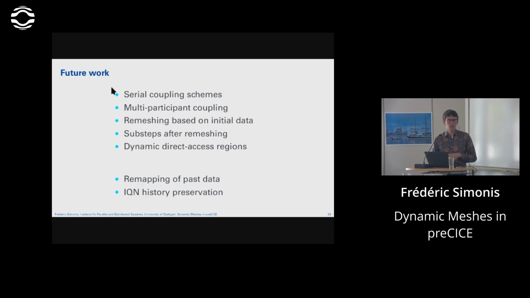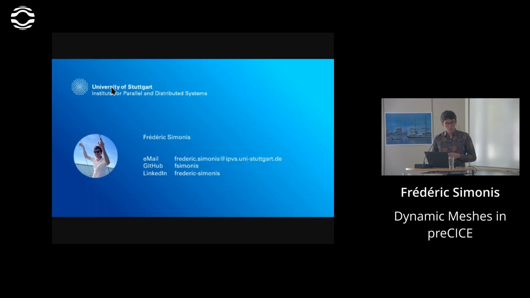So that's a bit tricky. And then another big one is how do you preserve the IQN history? Mapping from the old to the new spatial discretization sounds easy, but what schemes to use and so on. So this is a very big question. And that's it. So contact me if you have an interesting case or if you have questions.